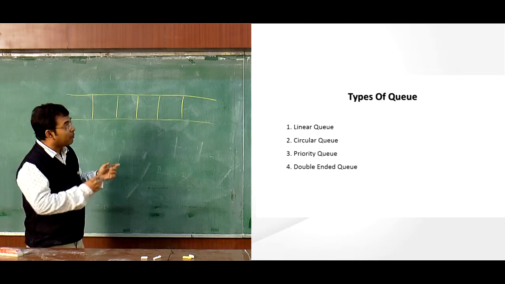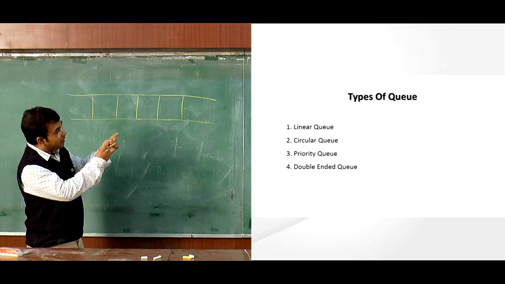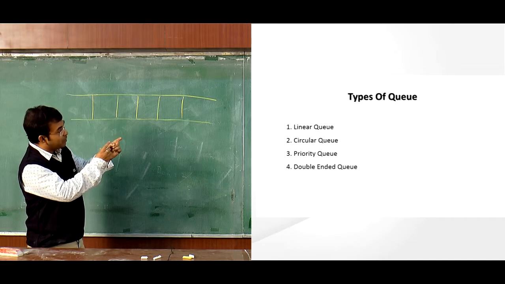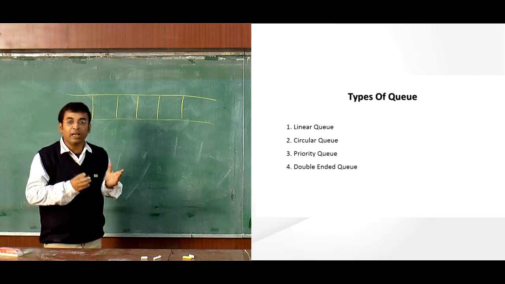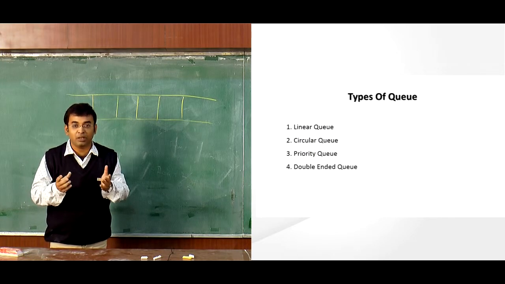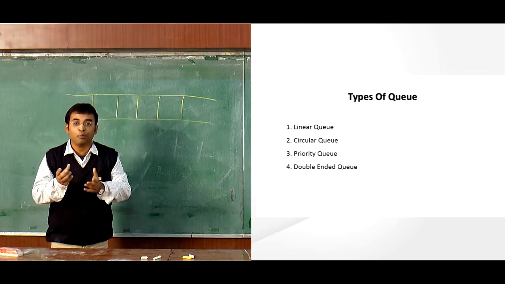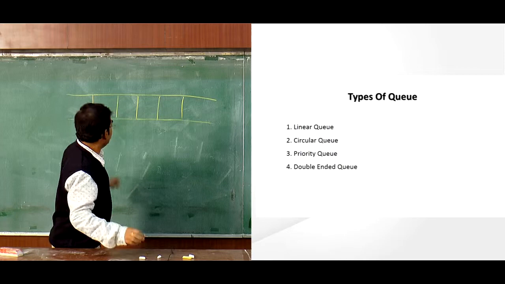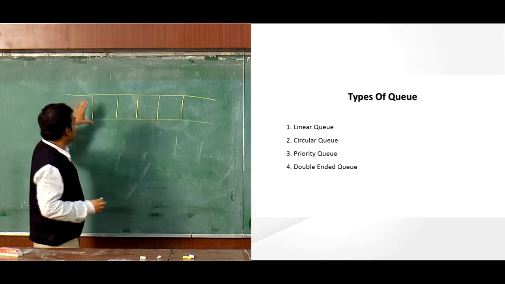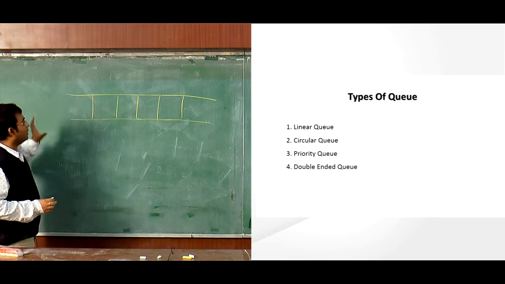So, both ways, somebody can get an inquiry as well as somebody can get service, such as getting a ticket. That is some kind of concept of double ended queue, where we are getting service from both sides. Okay. So, let us take an example of a double ended queue, where we can insert and delete from both ends.